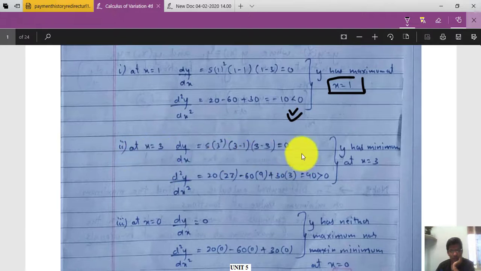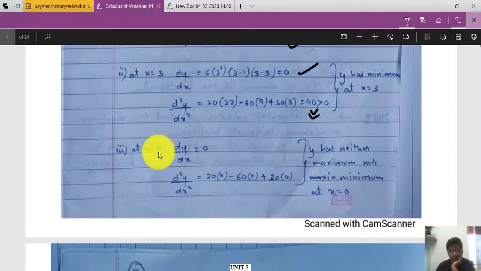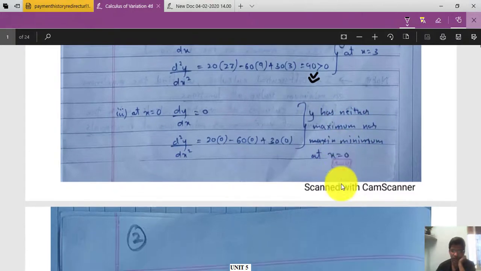At x equal to 3, dy by dx is 0 and d square y by dx square is 90, which is greater than 0, and we say that y has minimum at x equal to 3. At x equal to 0, dy by dx equal to 0, and d square y by dx square also turns out to be 0. So we conclude that y has neither maximum nor minimum at x equal to 0.